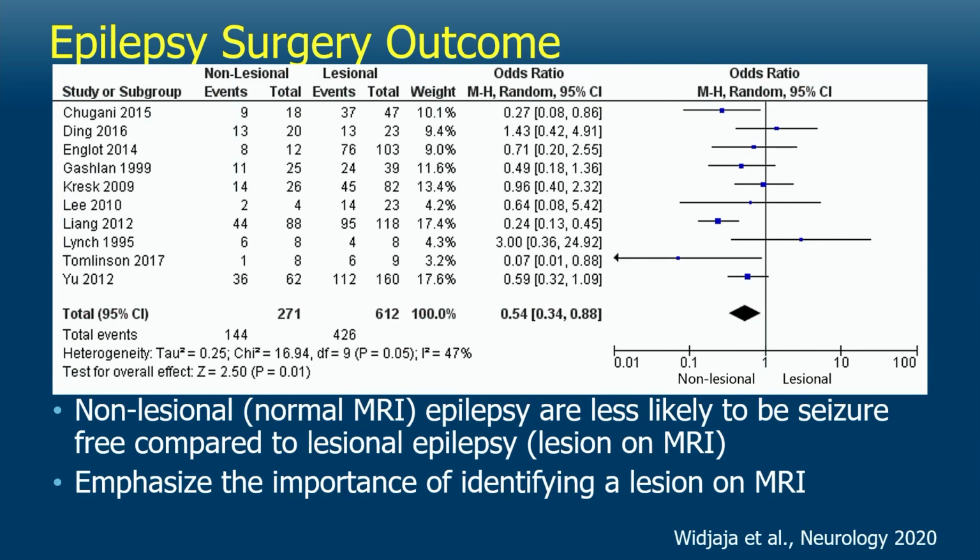We also showed that children with non-lesional epilepsy, that is children with epilepsy who have normal MRI, are less likely to be seizure-free compared to children with lesional epilepsy, that is, there is a lesion on MRI. That is why myself and the neuroradiologist spend a lot of time reviewing the MRI in great detail to try and identify a lesion on MRI, because it really impacts patient outcomes.